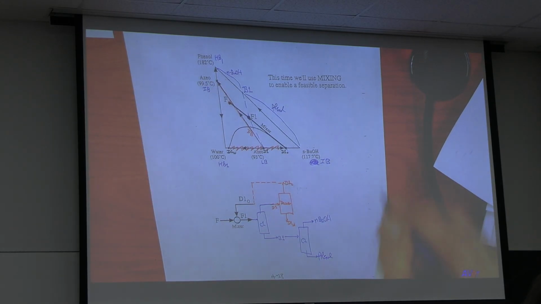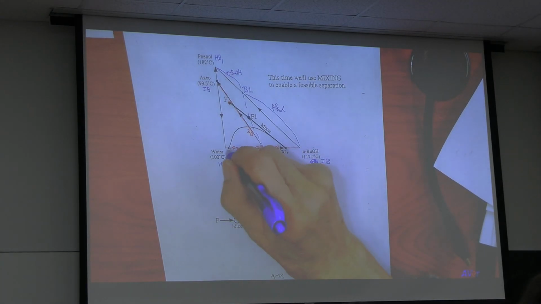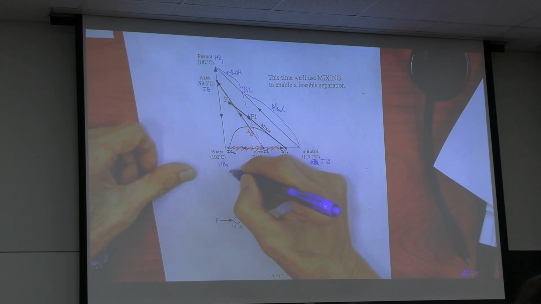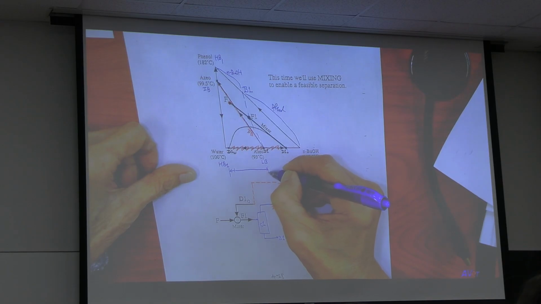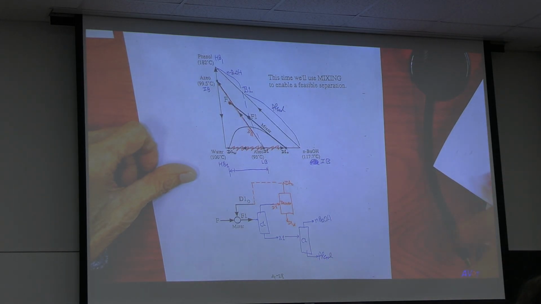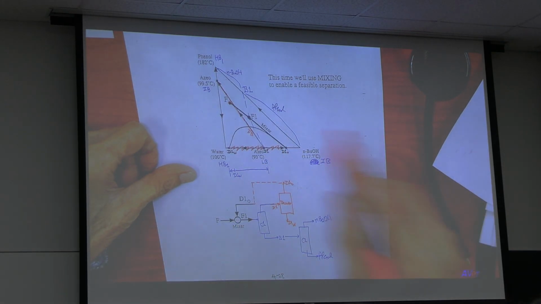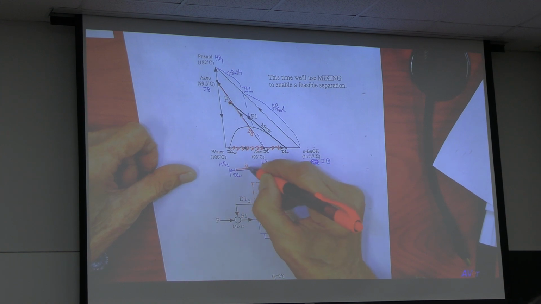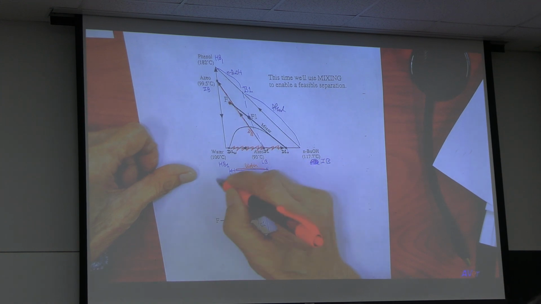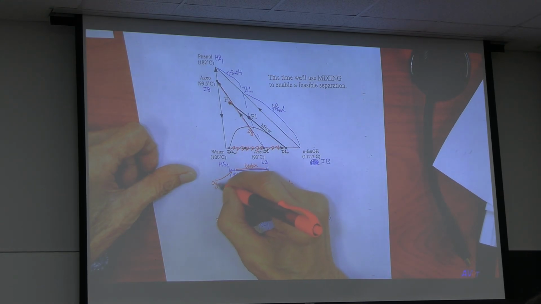Now I'm missing water. Which stream do I have to use? This. This is a column by itself. This line is water. That line is azeotrope.